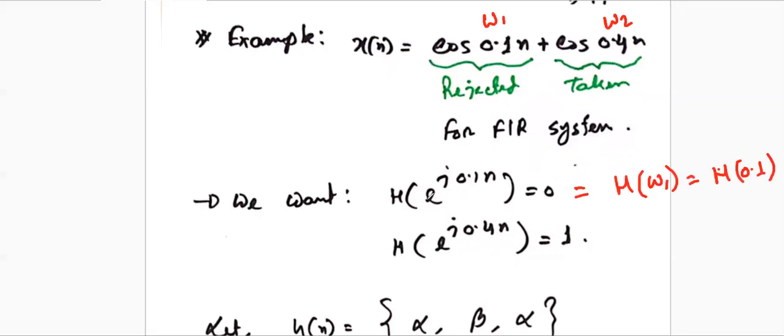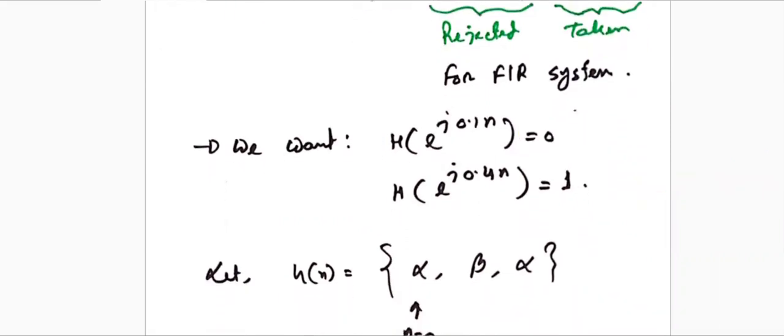And sometimes people write e to the power j0.1n, just to mention that at this frequency the amplitude, I should write the modulus value, should be equal to 0. And H(e^j0.4), that means at ω2, 0.4, the amplitude should be very close to 1. That is our target. If we can do so, then we can build the filter.